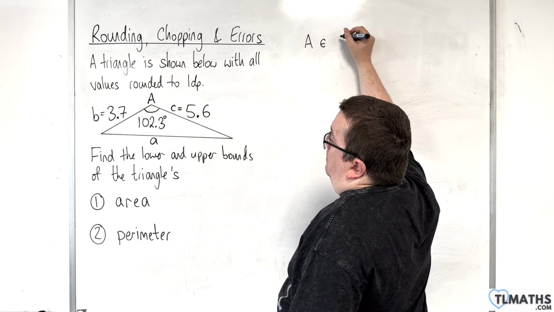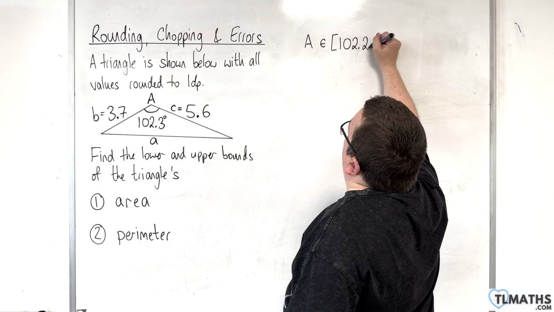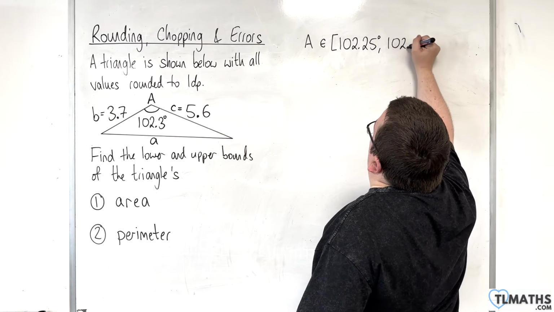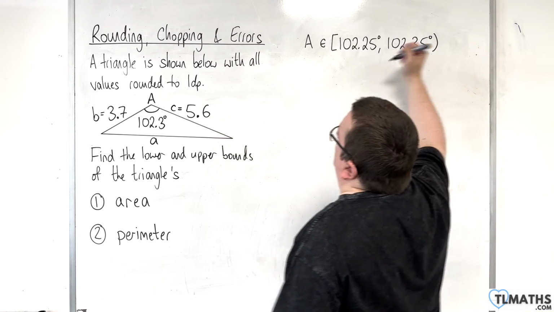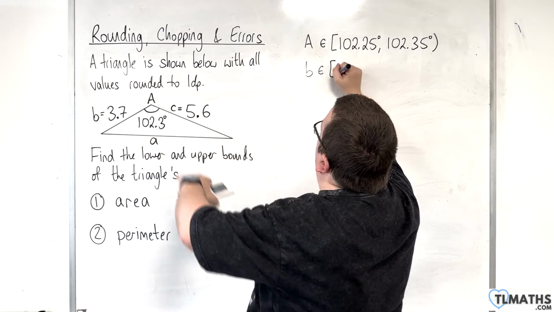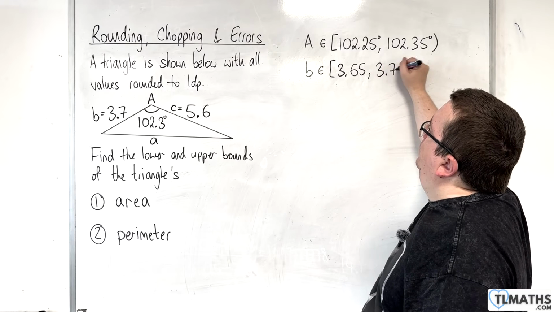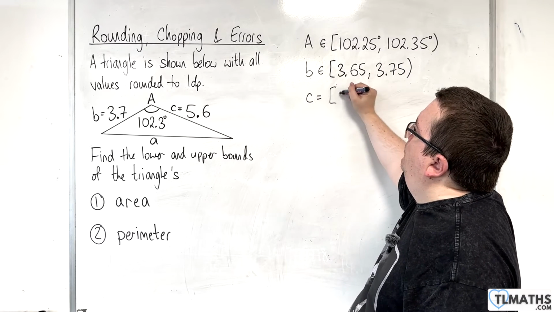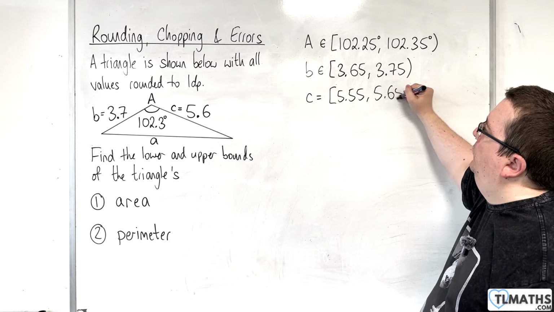That can go from anything from 102.25 degrees up to 102.35 degrees, not inclusive. B, so side length B, can go from 3.65 to 3.75, and C can go from 5.55 up to 5.65.